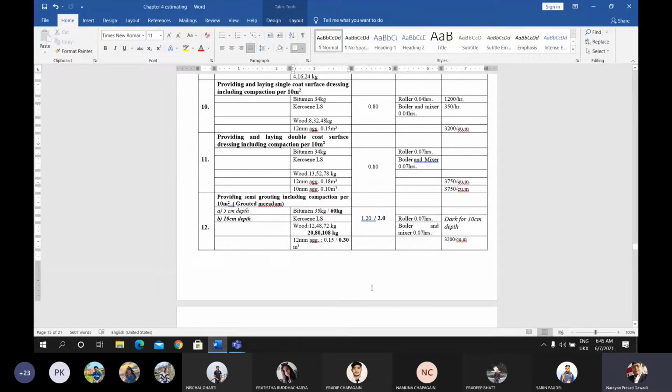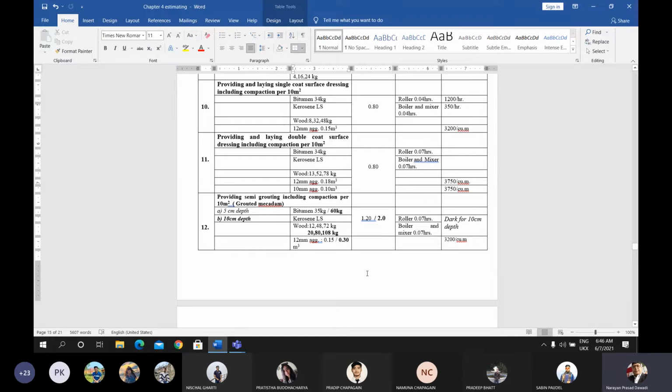The square meter is given here, and the thickness is given here. So 10 into 0.05, you can get 0.5 cubic meter for the 5 centimeter compacted thickness volume.